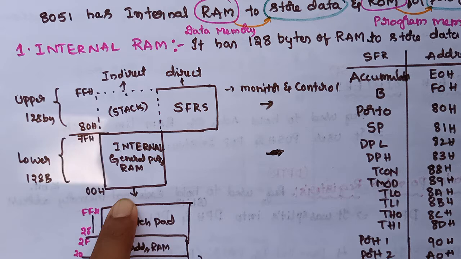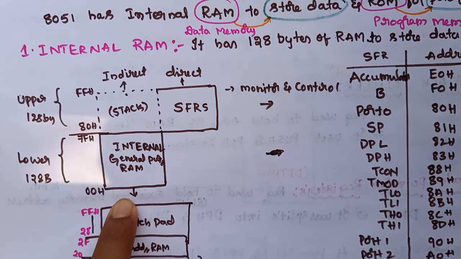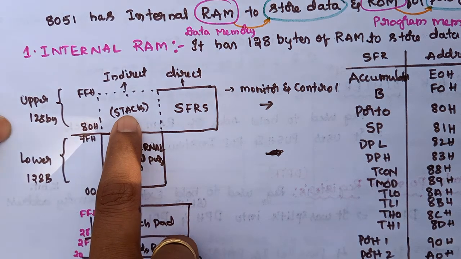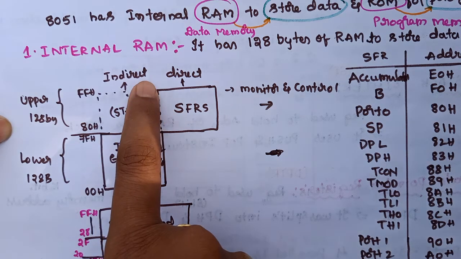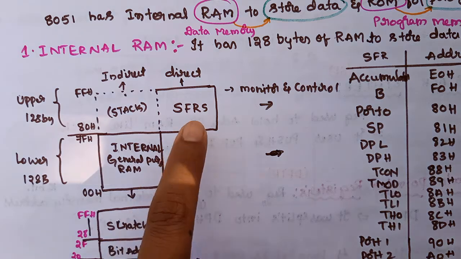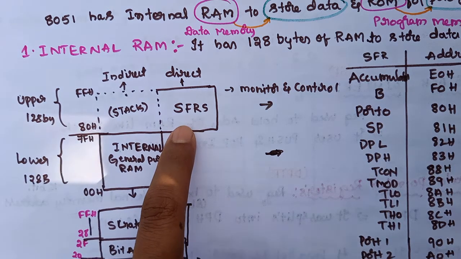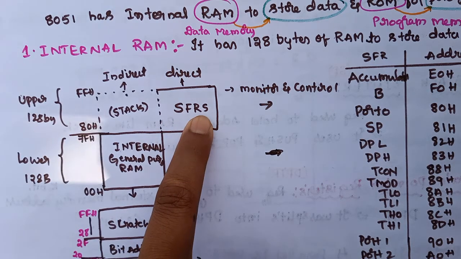The lower 128 bytes can be utilized by both indirect and direct addressing modes, but the upper 128 bytes of stack can be accessed by using indirect addressing mode, and the 128 bytes can be directly accessed to fetch the special function registers.